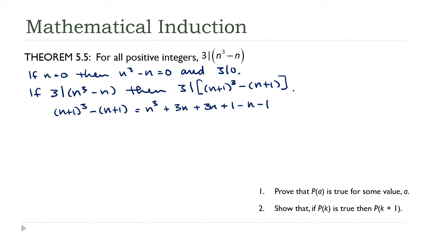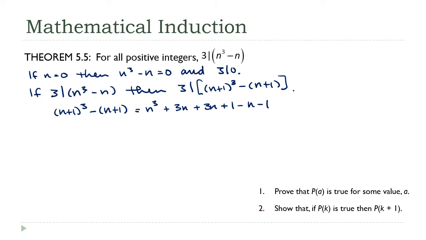Now at this point, the natural thing to do, something your algebra instincts are probably telling you to do, is to combine the 3n and the minus n. But that is actually not what I'm going to do, because again, I like having that 3 there.